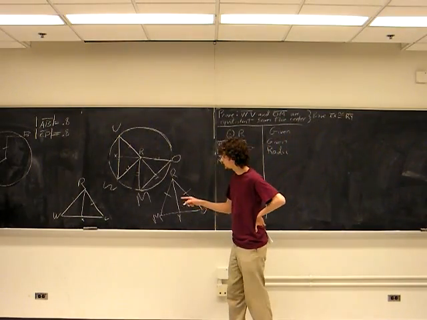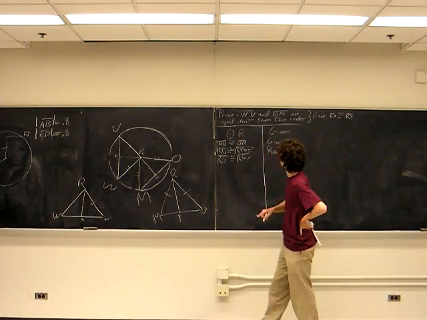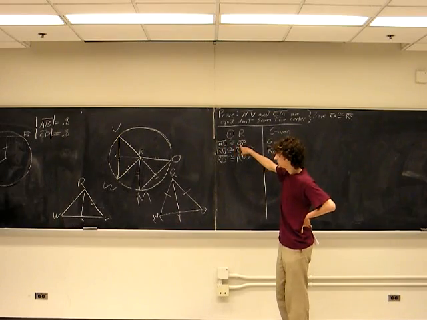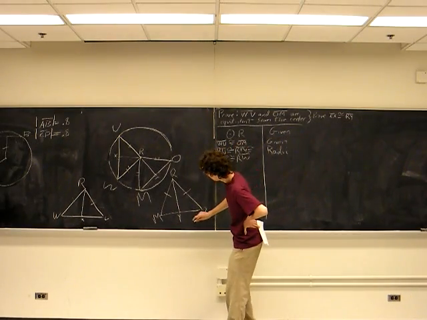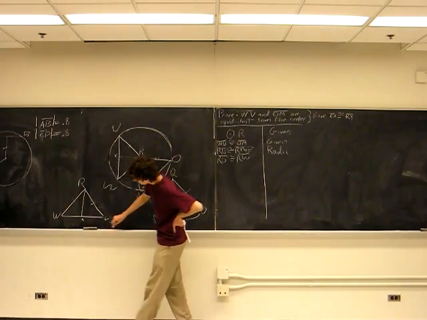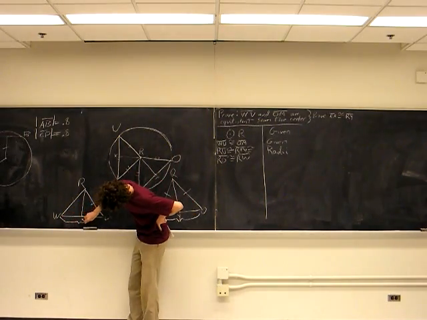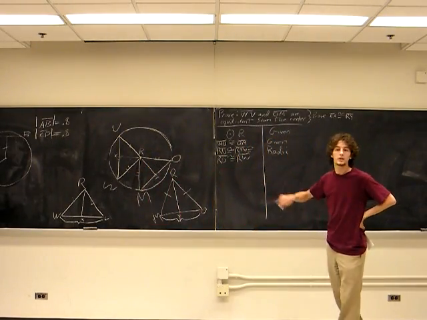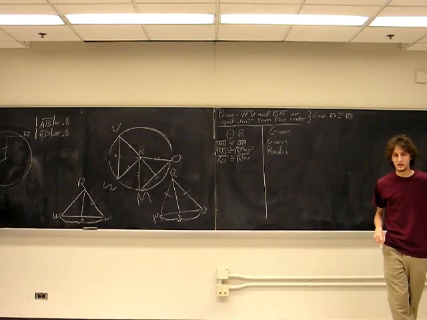Well, let's see what else we can do. What else do we know? We are given that WU is the same as OM, which means this line and this line are congruent, which means those triangles are congruent. Do you guys see that?